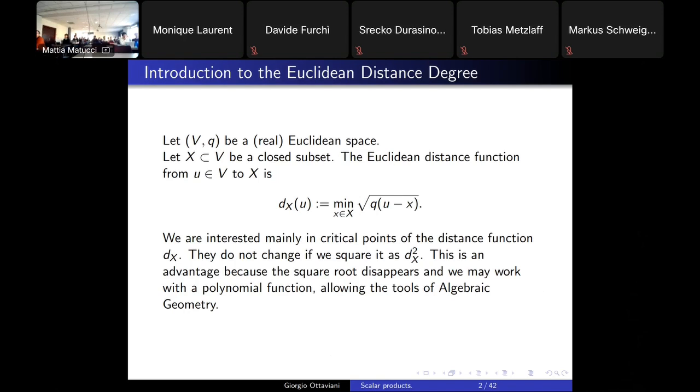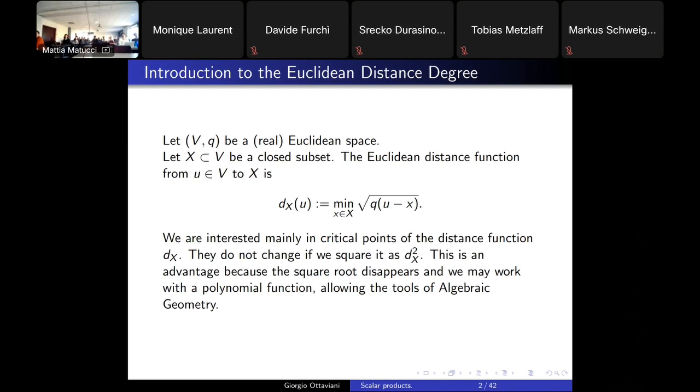There is some result in analysis which shows that the minimum is unique if and only if the function is differentiable there. And since the distance is Lipschitz, by Rademacher theorem, it is differentiable almost everywhere. So what I'm doing has a sense, even in a general analytic setting, but then for most of my talk, X will be algebraic.